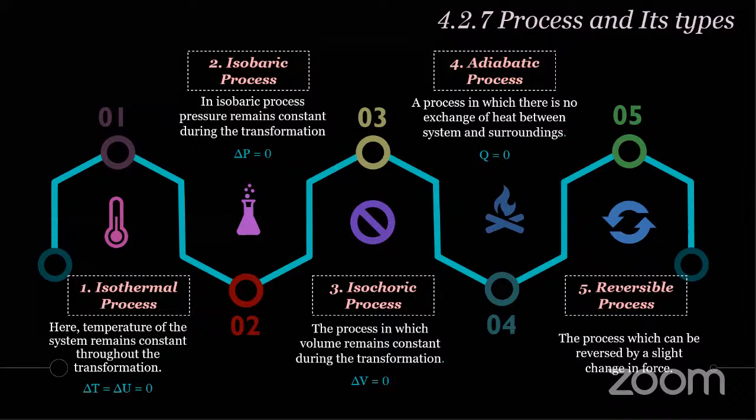So how a chemical change is going to take place? It can take place by these processes. It can either be isothermal, it can either be isobaric. They'll tell you like this: a gas expands reversibly, or you can say isothermally and at constant temperature. All these different processes will be mentioned. Okay, got it? Yes, Srivardhan, got it? Yes ma'am, got it.